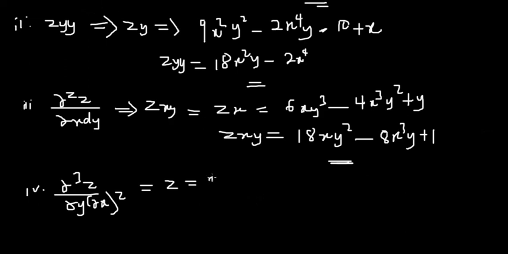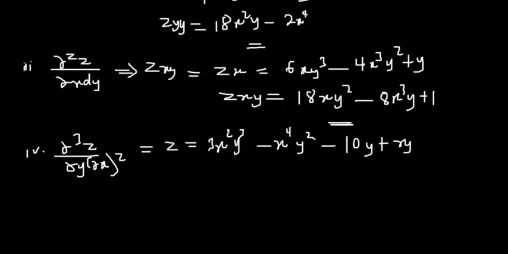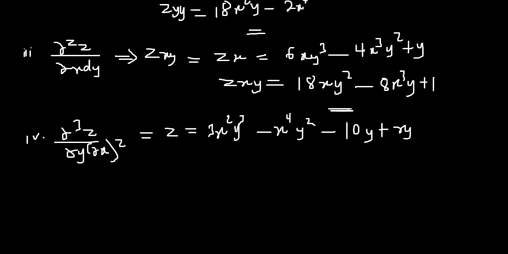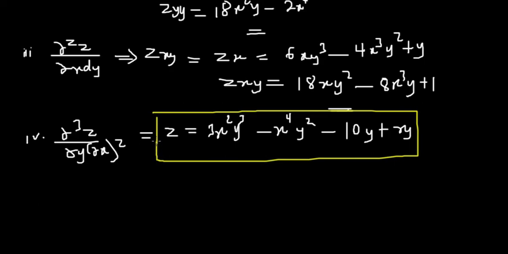The question is 3x squared y cube minus x exponent 4 y exponent 2 minus 10y plus xy, just like here. So this is the main question.